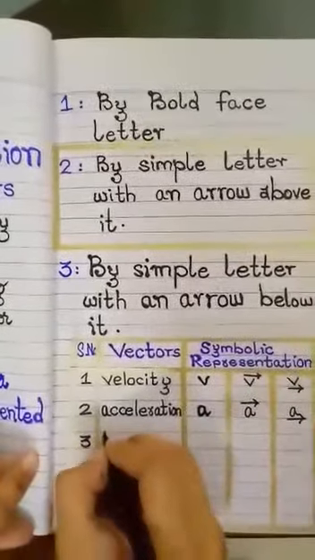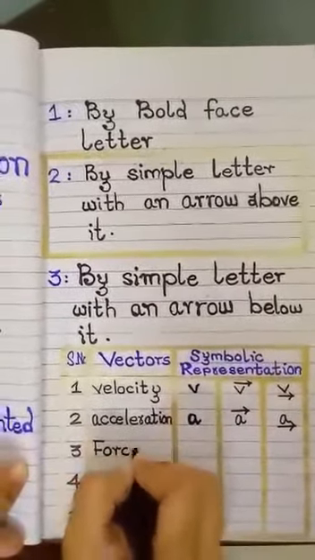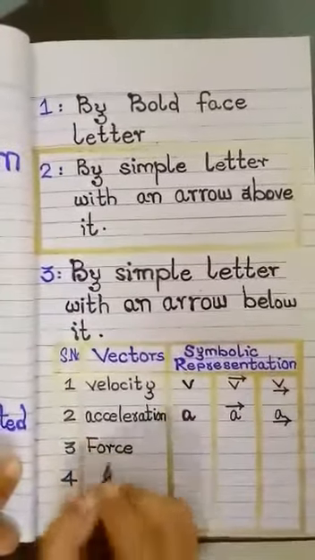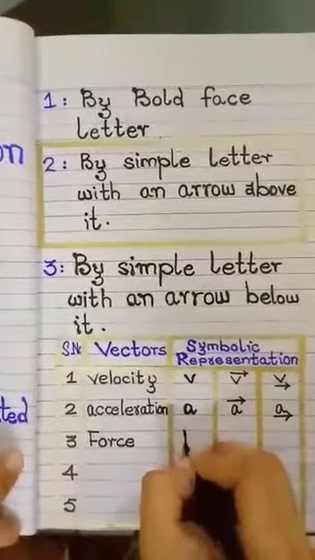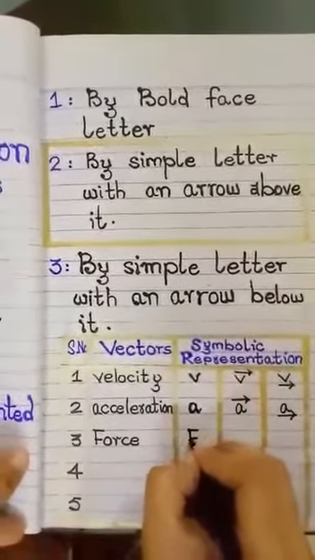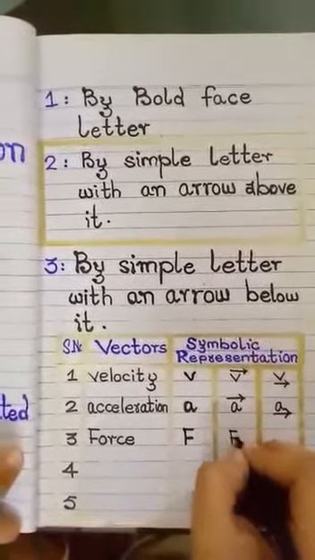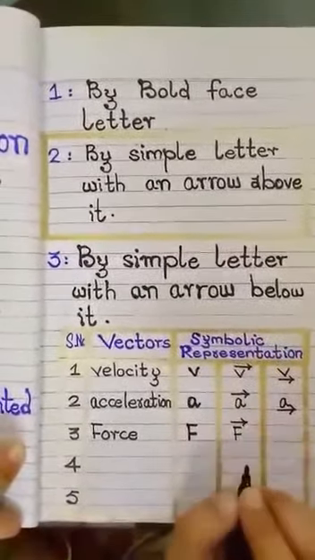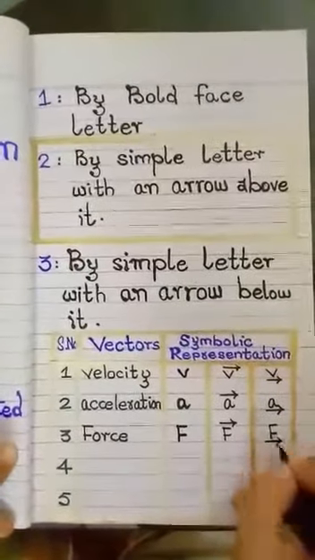Next example of vector is force. Force is either represented by a bold face capital F, by simple capital F with an arrow over it, or simple capital F with an arrow below it.